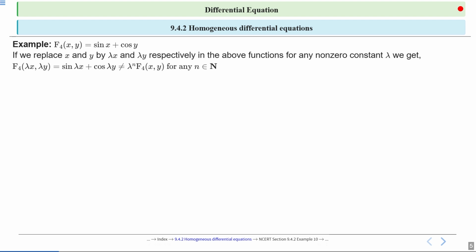Okay, but as we can see here, this function does not satisfy the condition of a homogeneous function. We cannot get it in the form of λ to the power n into f4(x, y). Okay, so this function is not a homogeneous function.